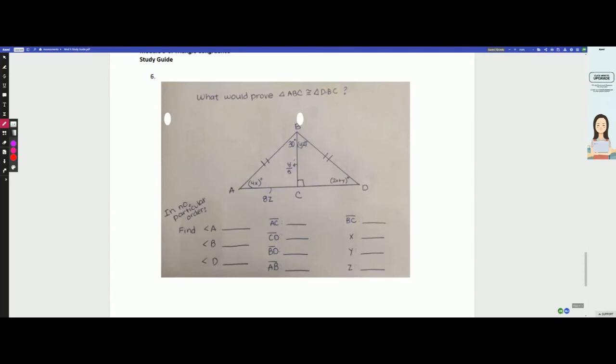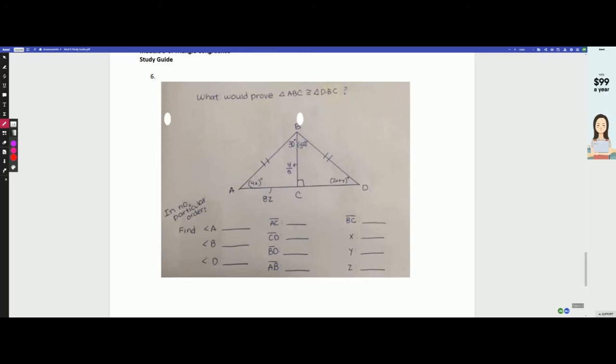Okay. Let's see, that's 90. So notice what I'm doing. I'm actually just trying to look at it. I'm looking at the picture, and I think that's y over 5. I'm hoping that's y over 5.